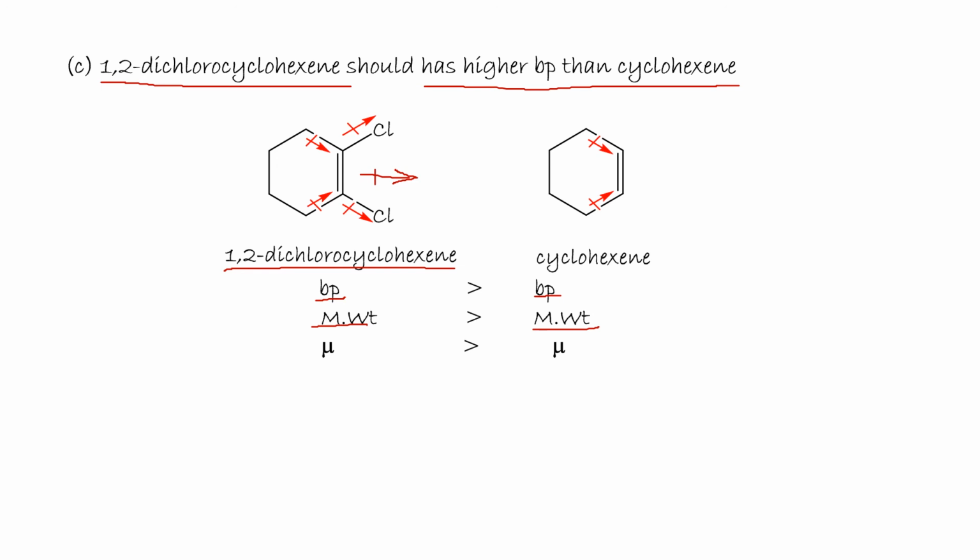Here it has a higher dipole moment than the cyclohexene. Once again, here we have two methyl groups pushing this way, so it will have a dipole, but this one is higher because it has the methyl as well as the chloro effect.